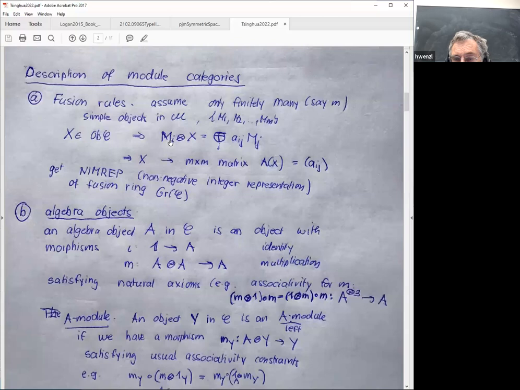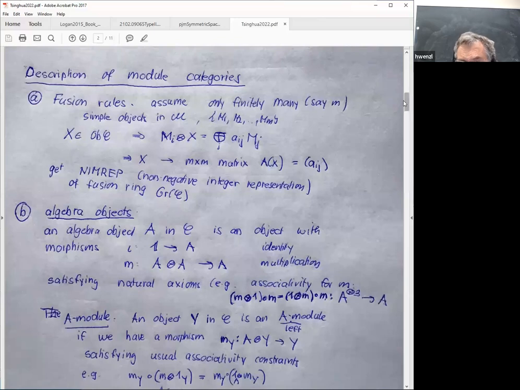If I tensor a simple module object M_i with an object X of the category, it decomposes into a direct sum of simple modules, with multiplicities a_ij. From this we can form an m by m matrix A_X, and this gives us a representation of the fusion ring of the big category, which is called a NIM-rep representation. So this essentially describes the fusion rules.